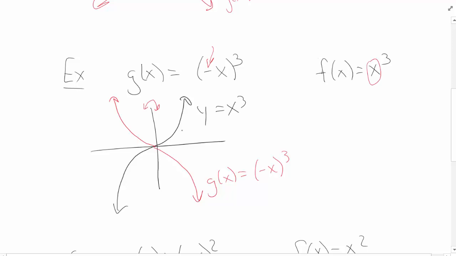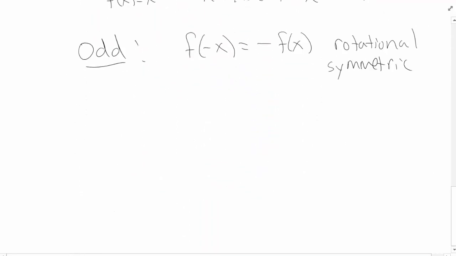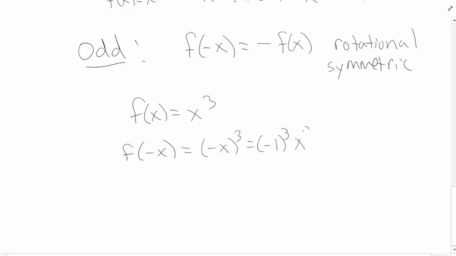So if you rotate it 180 degrees, you essentially get right back to where you started. And you can see that if you start with f of x is equal to x cubed and plug in negative x, you get negative x cubed, which is the same as negative 1 cubed times x cubed, which is negative x cubed, which is the same as, if I emphasize with some parentheses, negative (x cubed). So negative f of x, so they're odd.